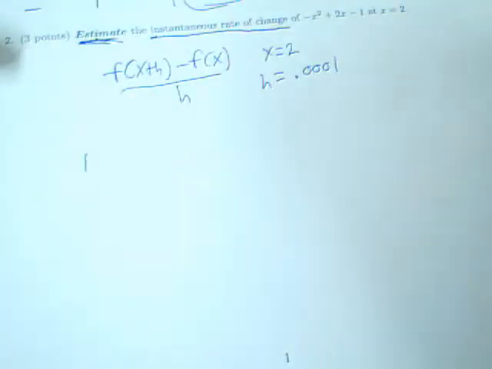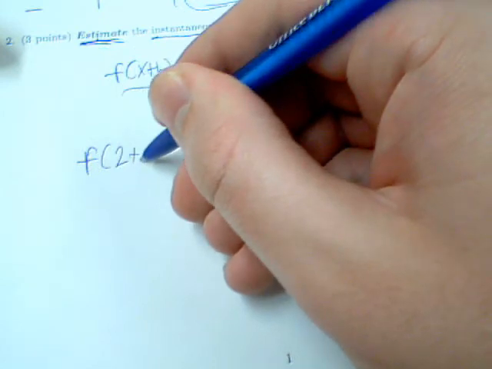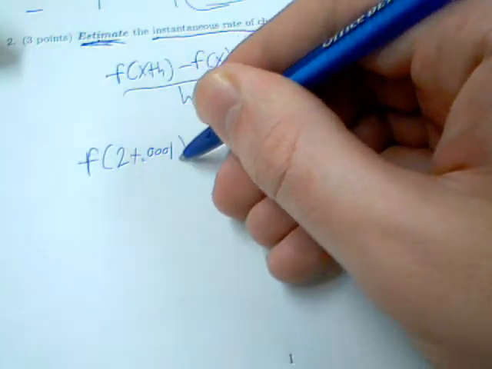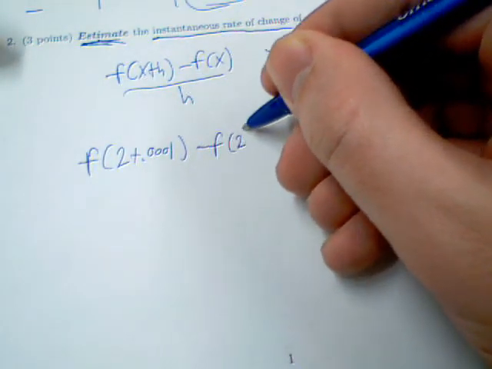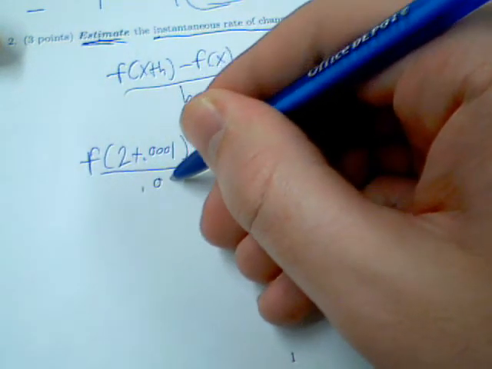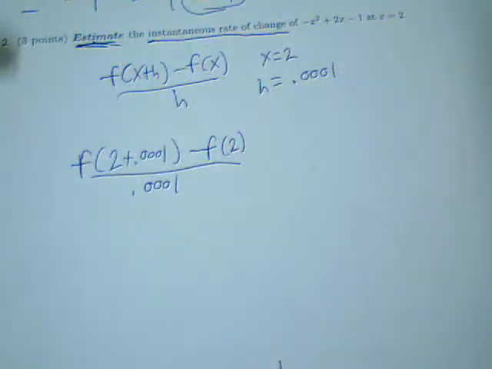Now, plug this in, we're going to get f of 2 plus 0.0001 minus f of 2 all over 0.0001.